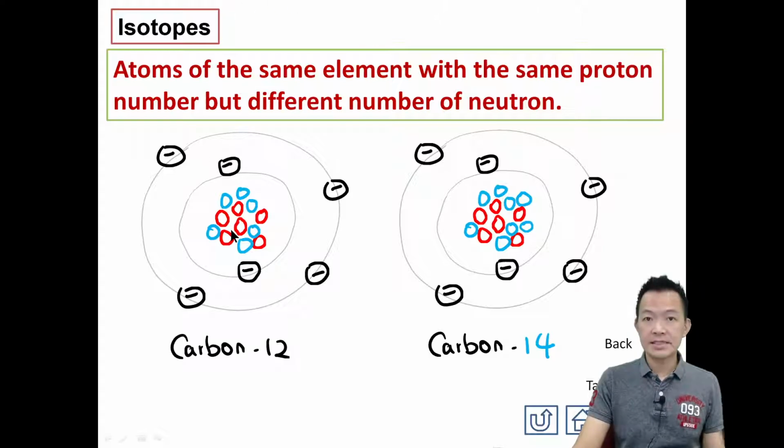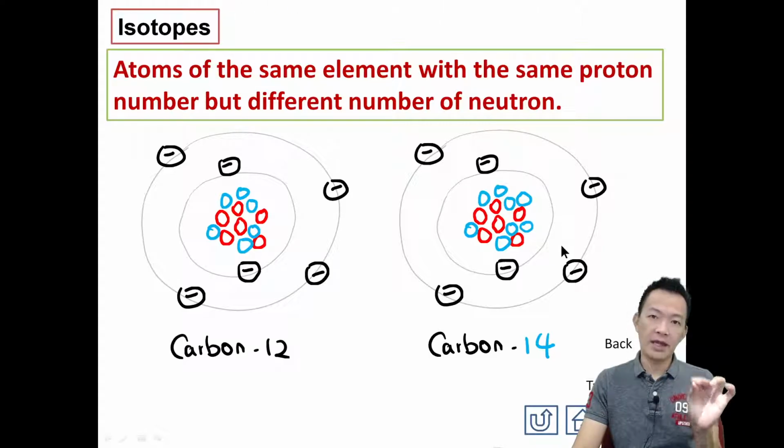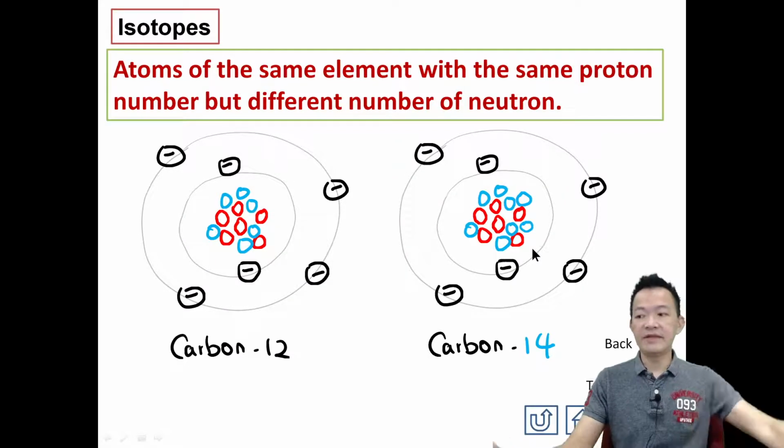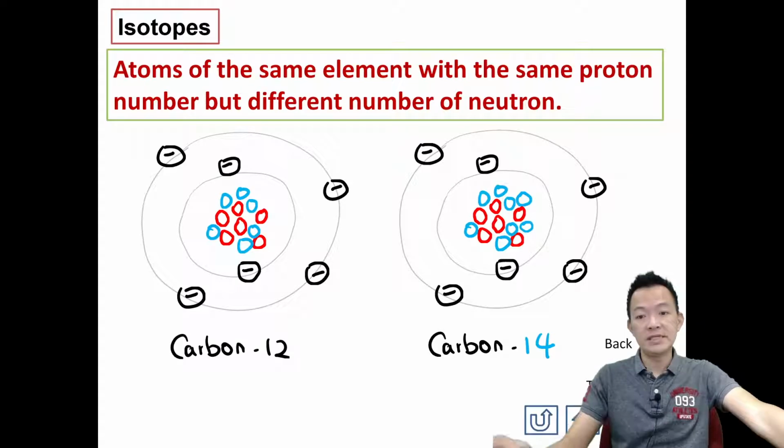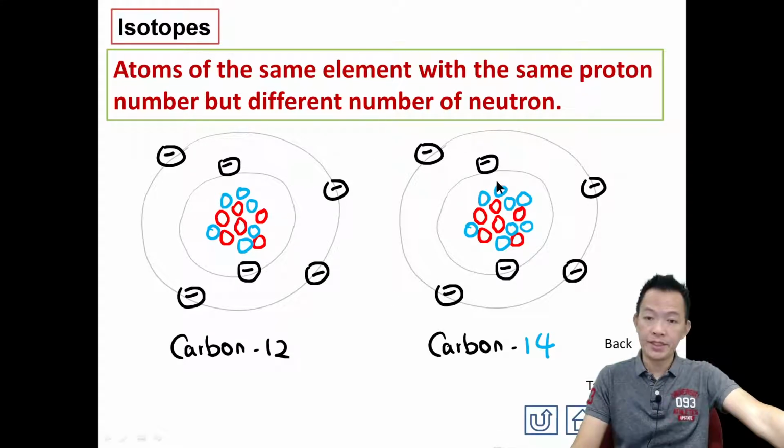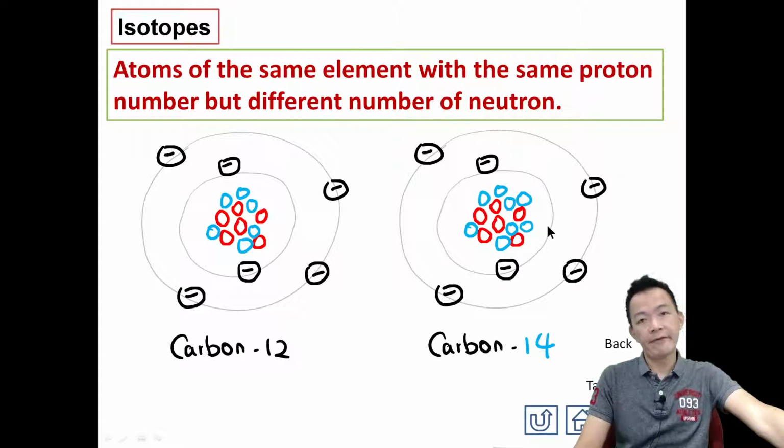For example, carbon 12 and carbon 14. Carbon 12 has 6 neutrons, but carbon 14 has 8 neutrons. Still remember, neutrons and protons affect the physical properties. Because carbon 14 has extra neutrons, the physical properties between carbon 12 and carbon 14 will be different.